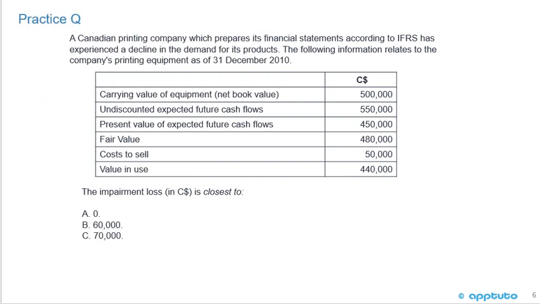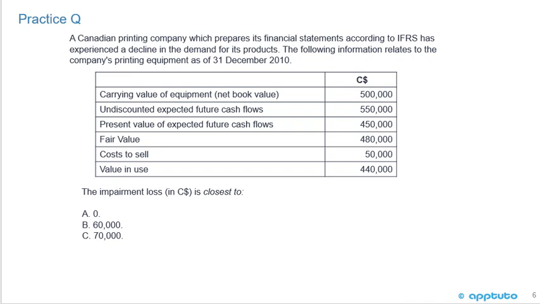So let's do a practice problem to check our understanding. A Canadian printing company which prepares its financial statements according to IFRS has experienced a decline in demand for its product. The following information relates to the company's printing equipment as of 31st December 2010. The carrying value of the equipment, net book value, is $500,000. The undiscounted expected future cash flow is $550,000.